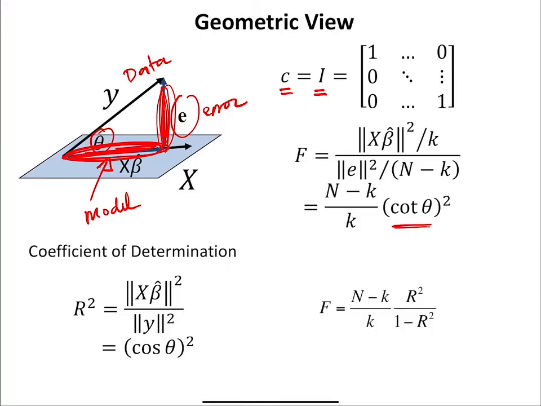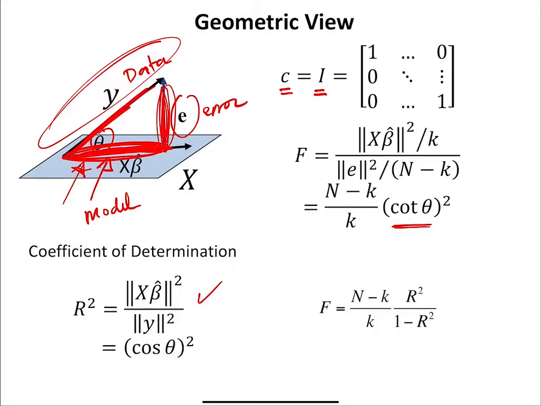So the coefficient of determination, which is sort of like the multidimensional extension of the correlation coefficient, is simply given by this equation here, which is now this length here. It's still the model, but now you're dividing by this term here, which is the data. Okay, so it's basically now asking the question: how close is the model to my data?